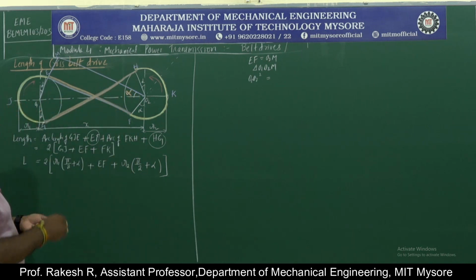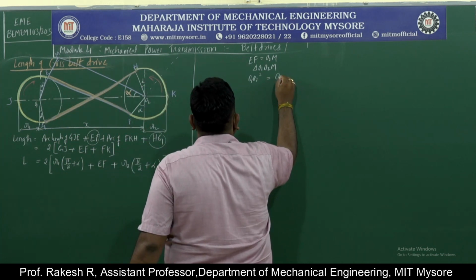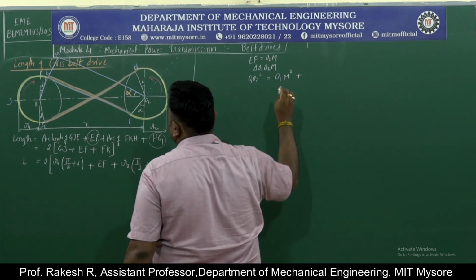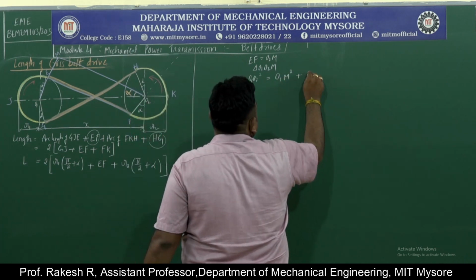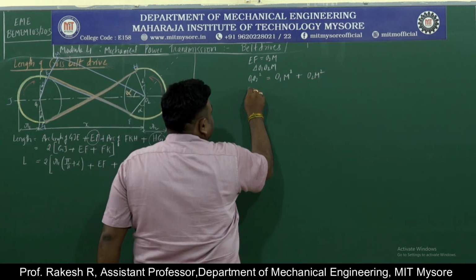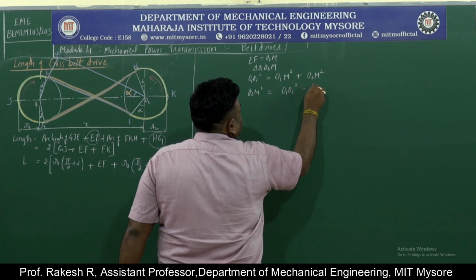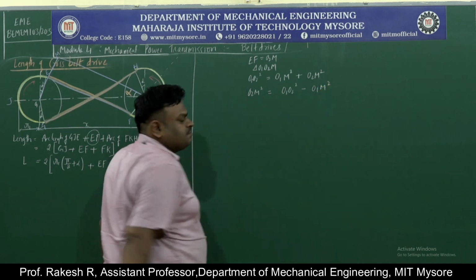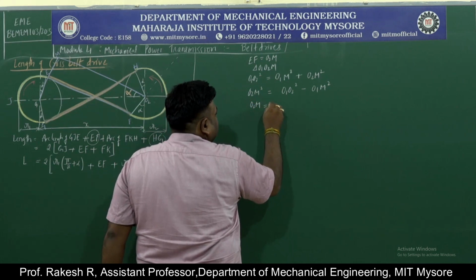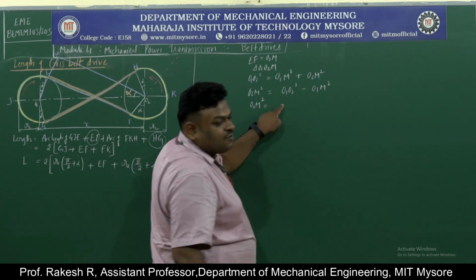Hypotenuse square is equal to the opposite square, that is O1M square plus O2M square. I want O2M. So O2M square is equal to O1O2 square minus O1M square. So I will be rearranging this and removing the square.